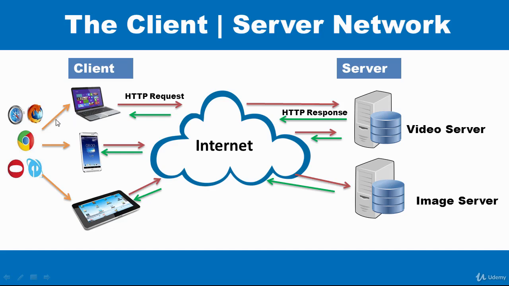You use your web browser on your client machine, and you type in, for example, www.youtube.com, and then you send an HTTP request that goes over the internet, and it locates the server or computer that has the resource you're looking for. For example, if you've got a server here, a server basically is a powerful computer that never goes to sleep.